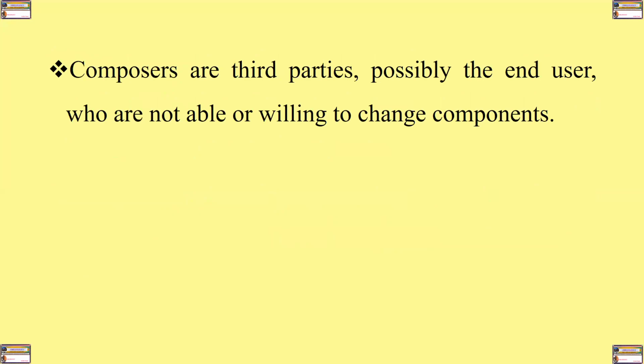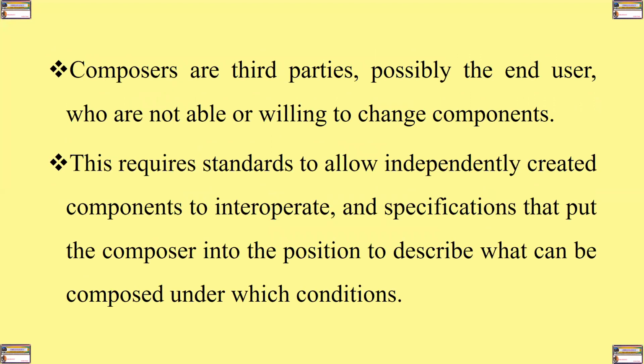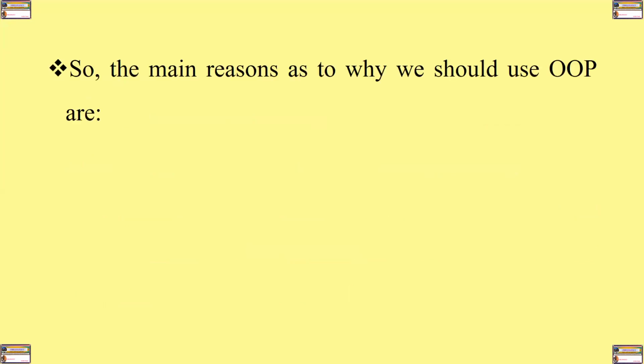Composers are third parties, possibly the end user, who are not able or are not willing to change components. This requires standards to allow independently created components to interoperate, and specifications that put the composer into the position to describe what can be composed under which conditions.